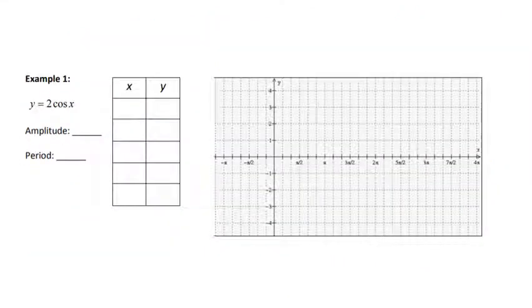So if we look at this one, 2 cosine x, remember that cosine looks like that. So that means it's going to start at 0, 2 instead of 0, 1. And it's going to go down. Oops, I messed that one up. Let me get my eraser. There we go. Our min is also going to be at negative 2.